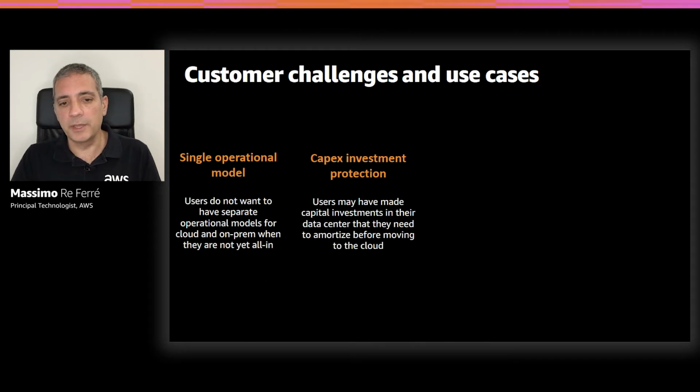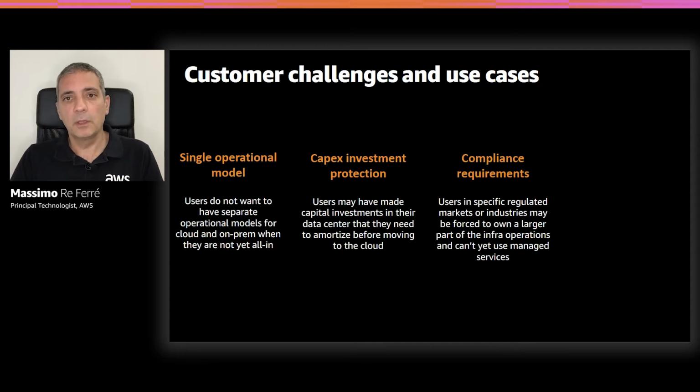Some of the reasons for which they needed that was, for example, CapEx investment. Some customers may have made some investment that they needed to use, and they couldn't just go straight into the cloud. Other customers have requested that we support customer-managed infrastructure because of compliance requirements. Some customers operate in very regulated industries, and they may have peculiar requirements that require them to manage the infrastructure instead of AWS.